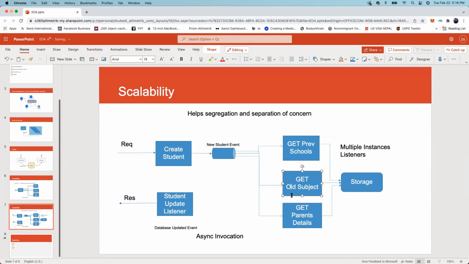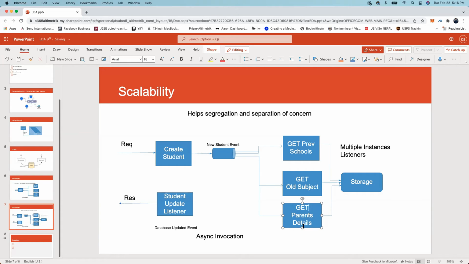Each of these listeners could listen to the request in parallel and do its job, and then send the final output to a storage. There is another listener that listens to a change on the request and responds to the incoming request.